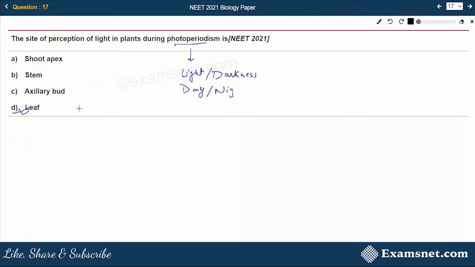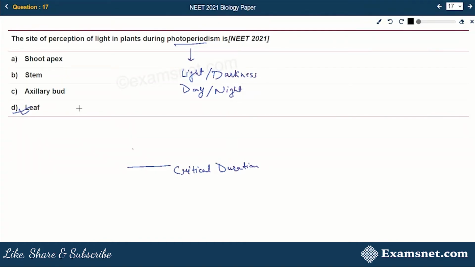So how does this happen? Let's see. There is a well-defined critical duration in some plants. What is critical duration? It means that there are certain plants which require exposure to light for more than this critical duration or below the critical duration.